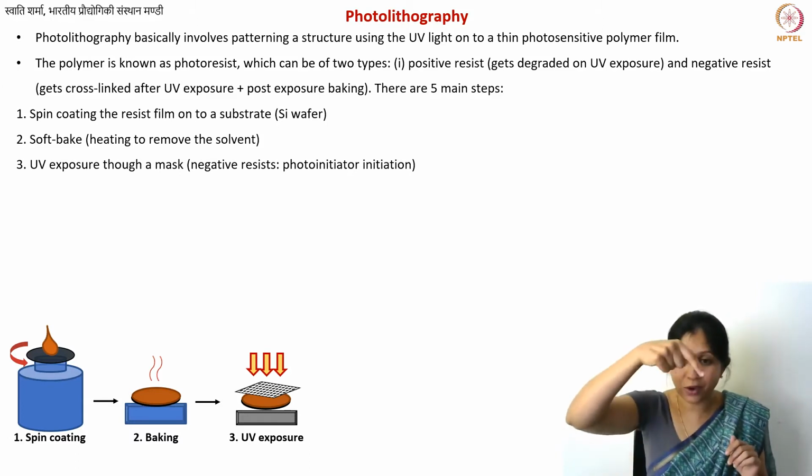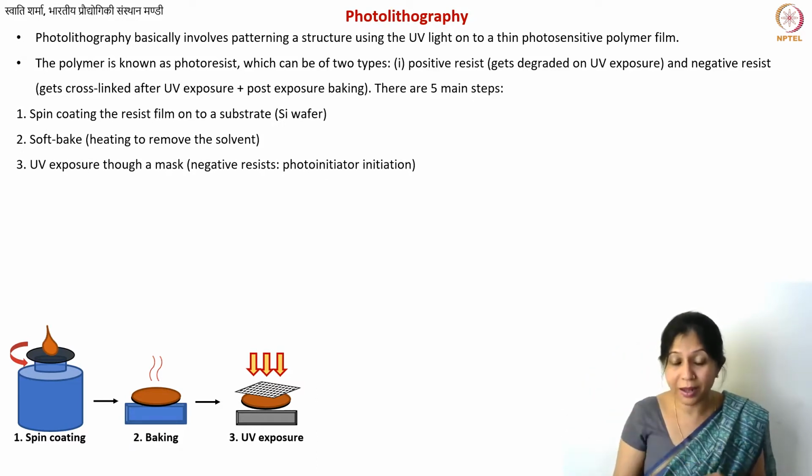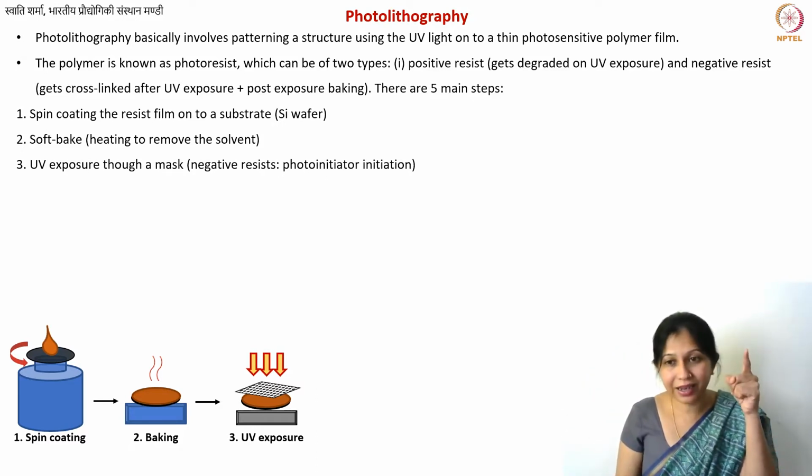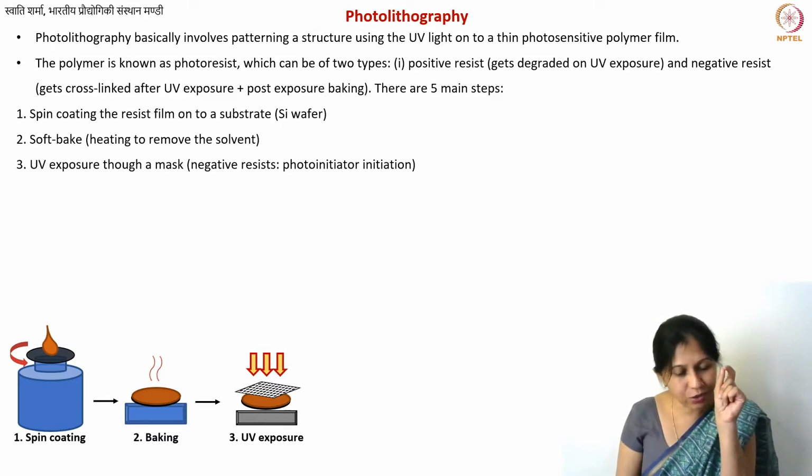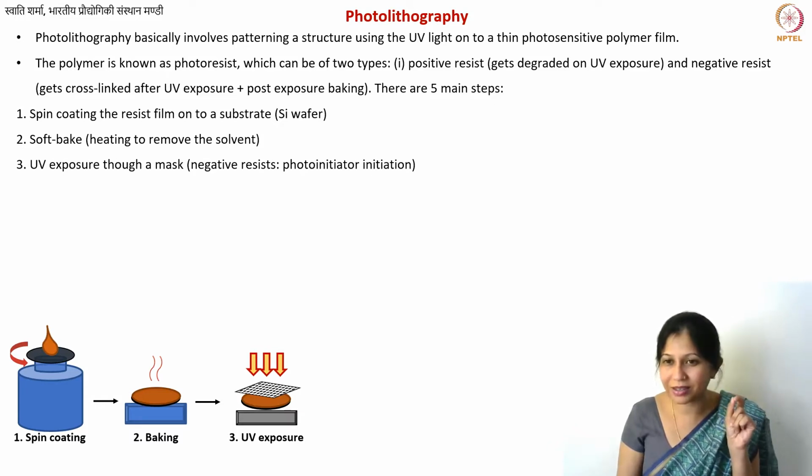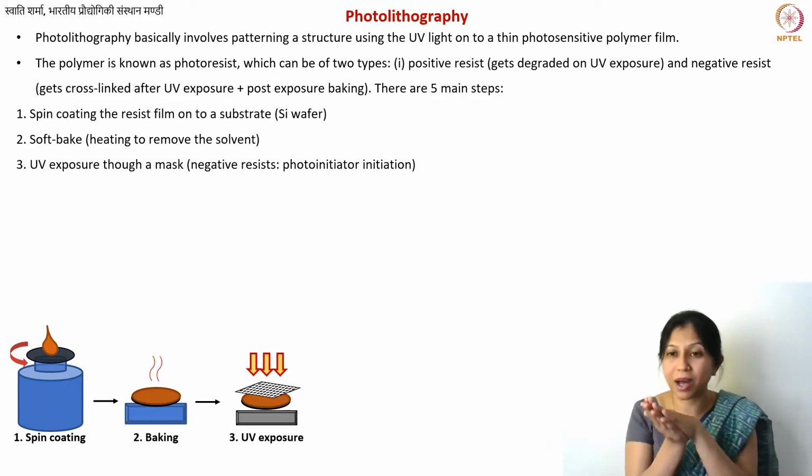Now, however, where you have the edges of these transparent parts and non-transparent parts, there the light can get diffracted. And that diffraction will actually lead to rough edges in your structures. And that diffraction is what you want to minimize. That is why you want to have the mask attached as closely as possible.